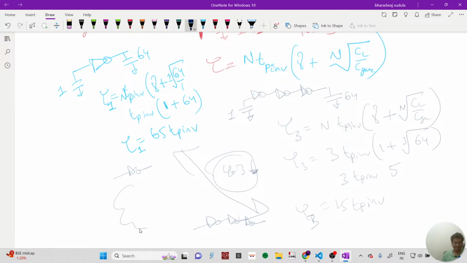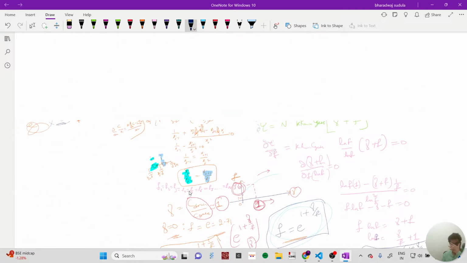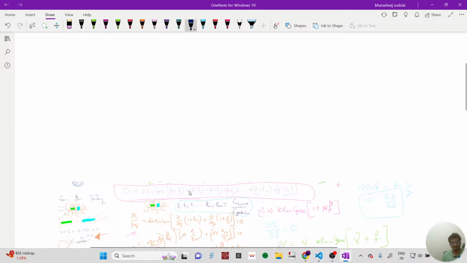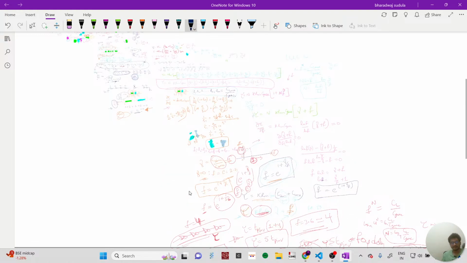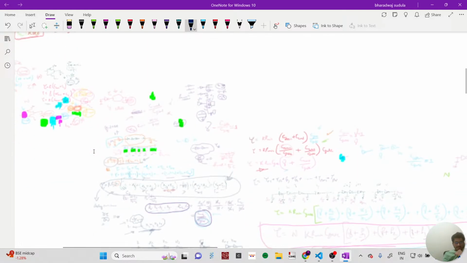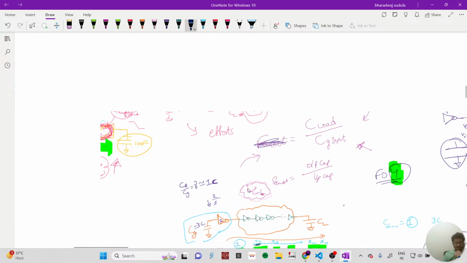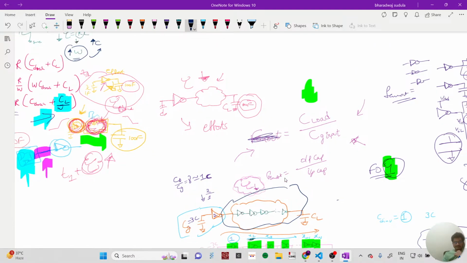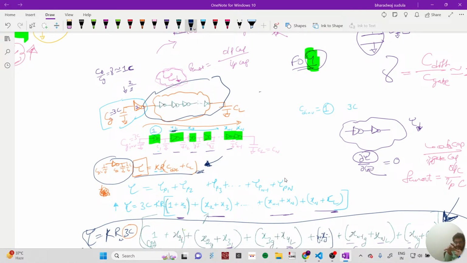So that's the magic of this chain. It reduces the delay, rather than, as we intuitively think, increasing propagation delay.